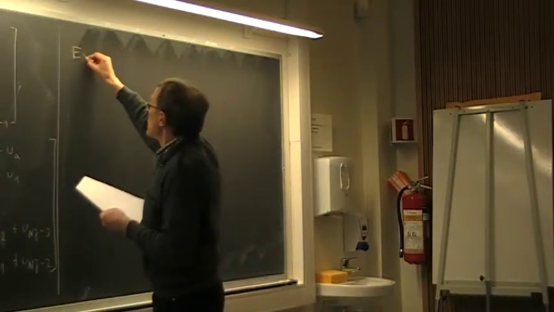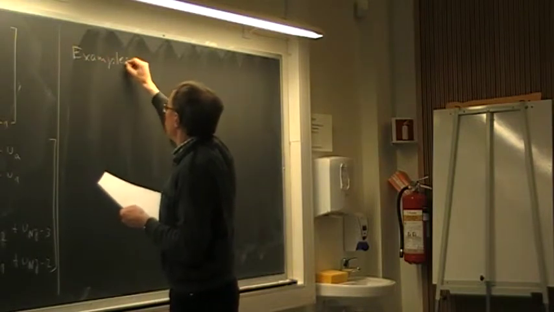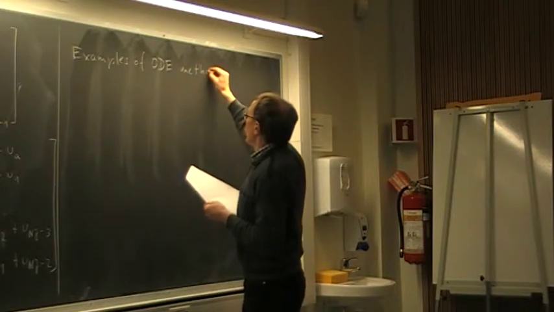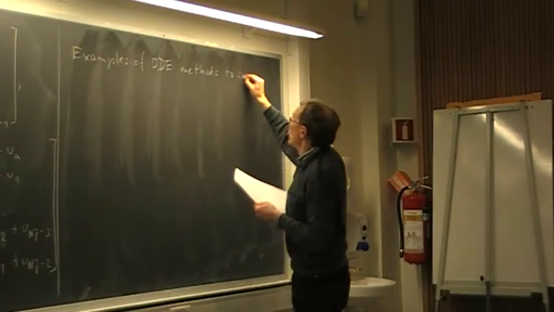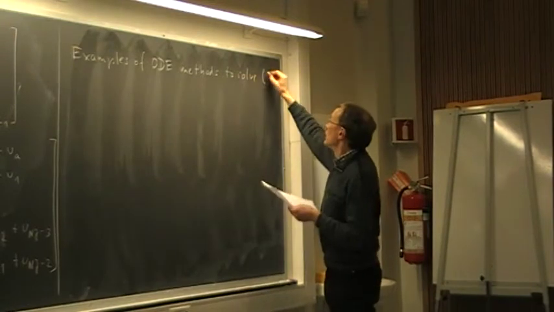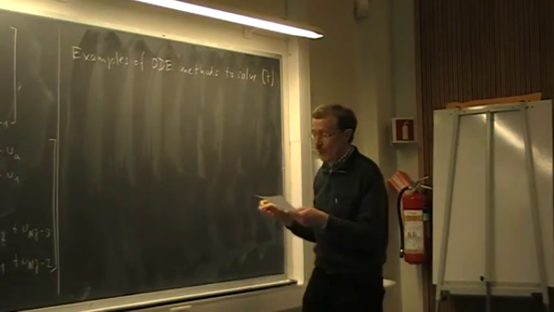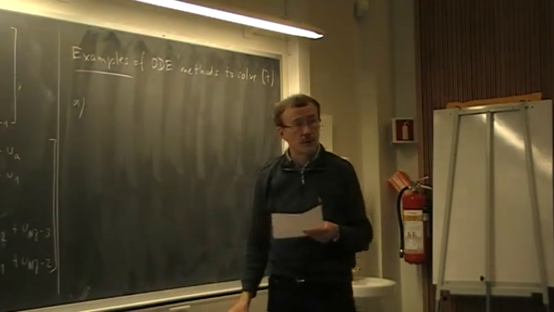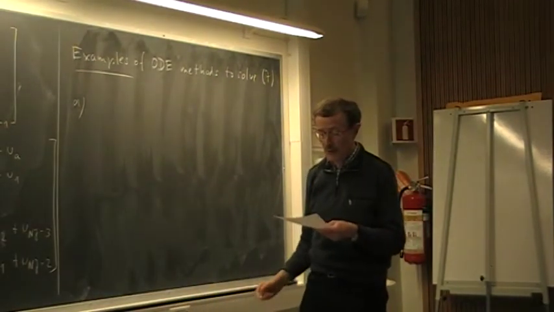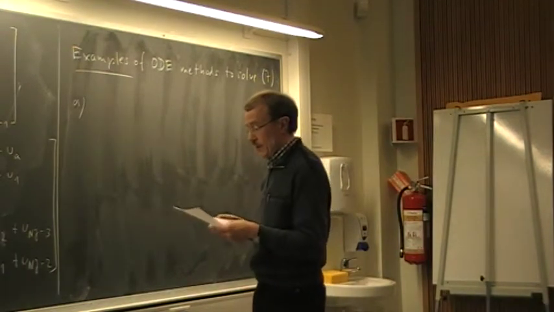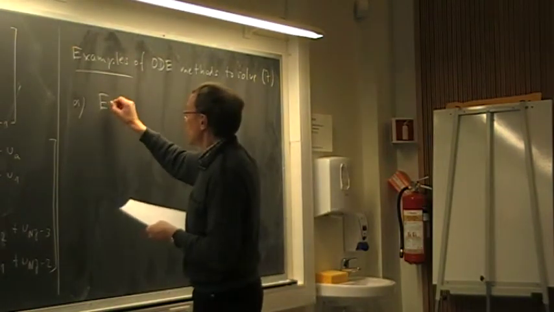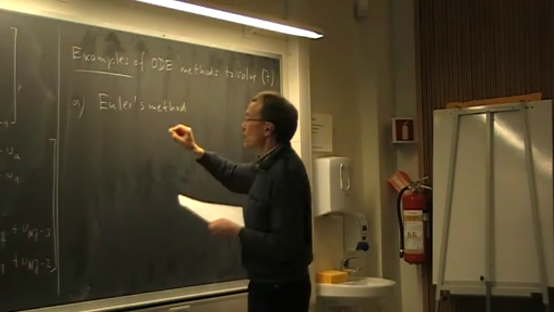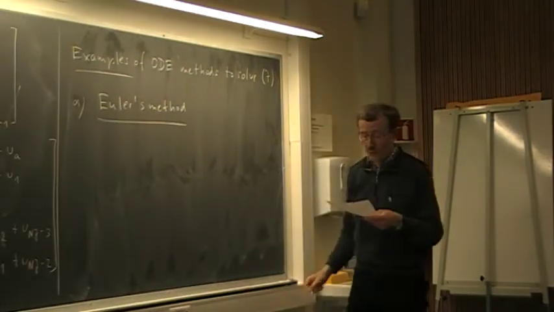Examples of ODE methods to solve the system are the following. First example, as we know, for the discretization of ODEs, is Euler's method. That will be our first choice, also for exercise 4.